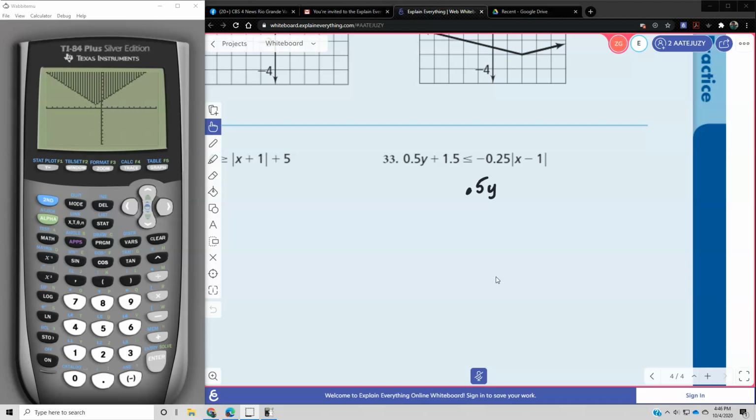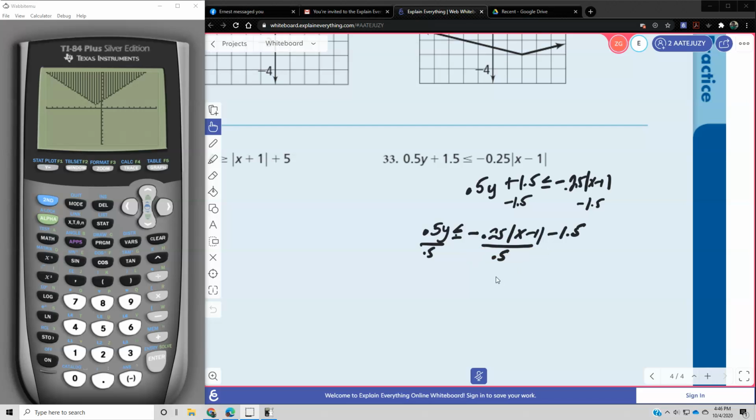0.5y plus 1.5 is less than or equal to -0.25 absolute value of x minus 1. So what you're going to do is subtract 1.5 from both sides. So you have 0.5y is less than or equal to -0.25 absolute value of x minus 1 minus 1.5, and then you divide by 0.5.